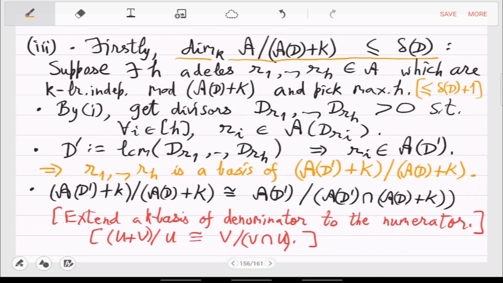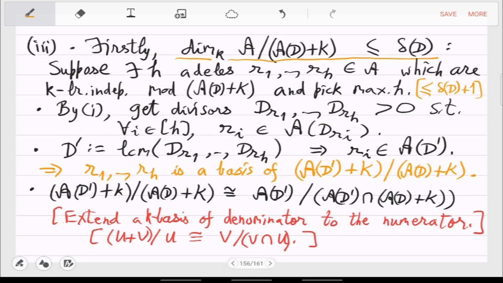Yes, but it's not clear how you will do this in an algorithm, because these Adels are infinite objects. So it's not clear how do you work with infinity? A is infinite, AD is infinite. Yeah, so in the algorithm you have to analyze more, which I have not done.